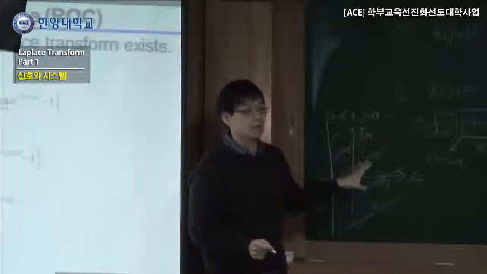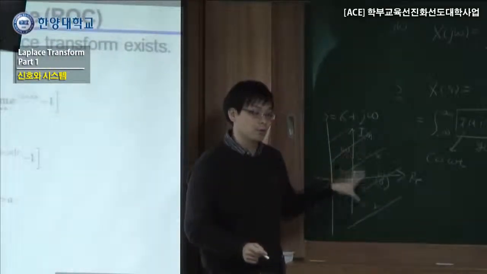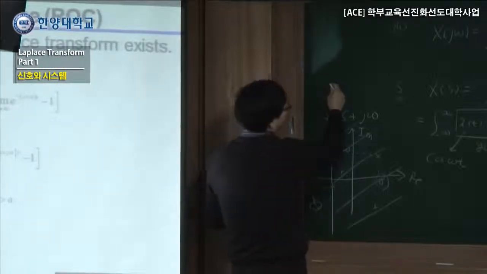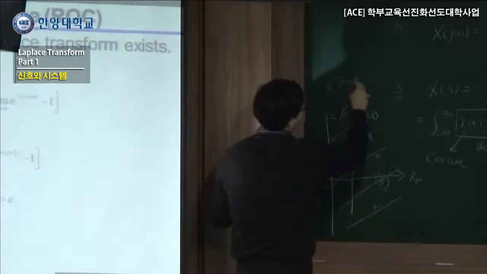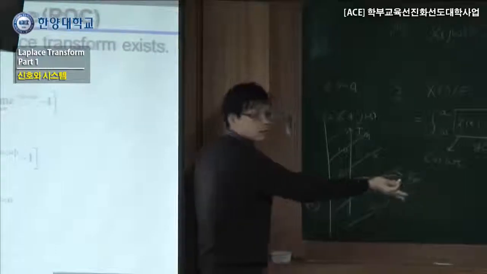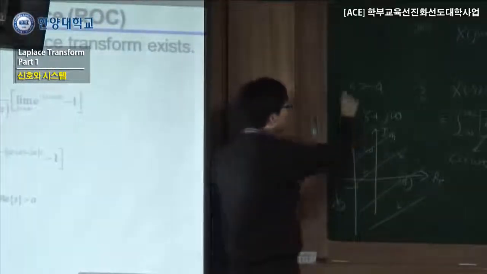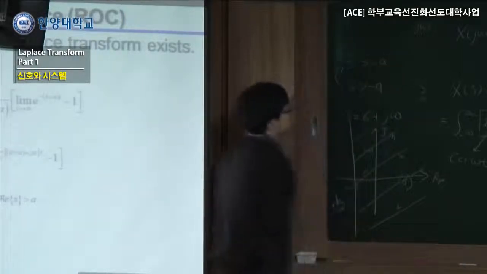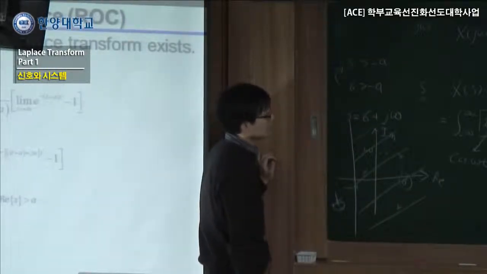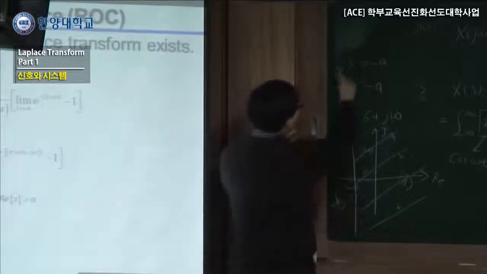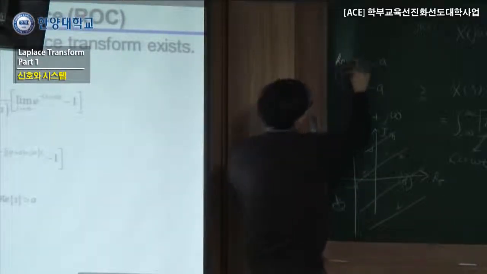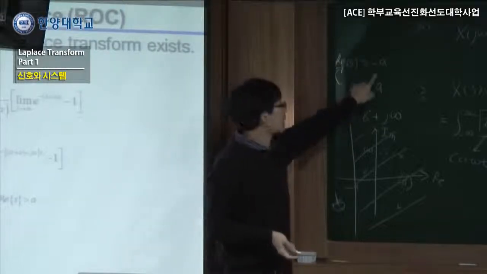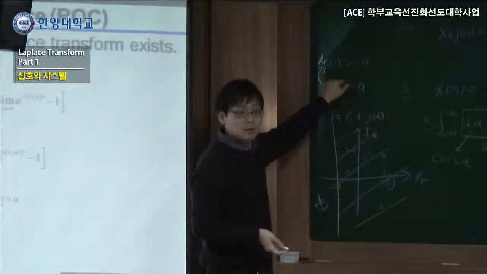Graphically, this is our region of convergence: delta is larger than minus A. And there's no obstacle to extending it: the real part of S, which is delta, is larger than minus A. It's the same thing.